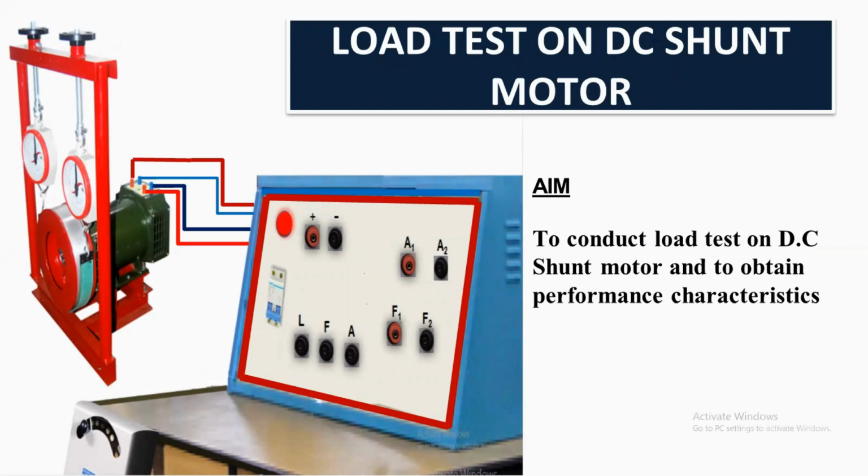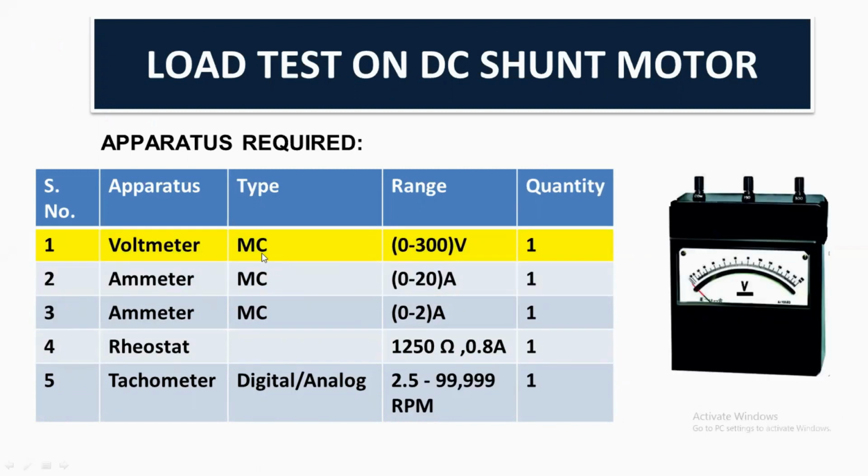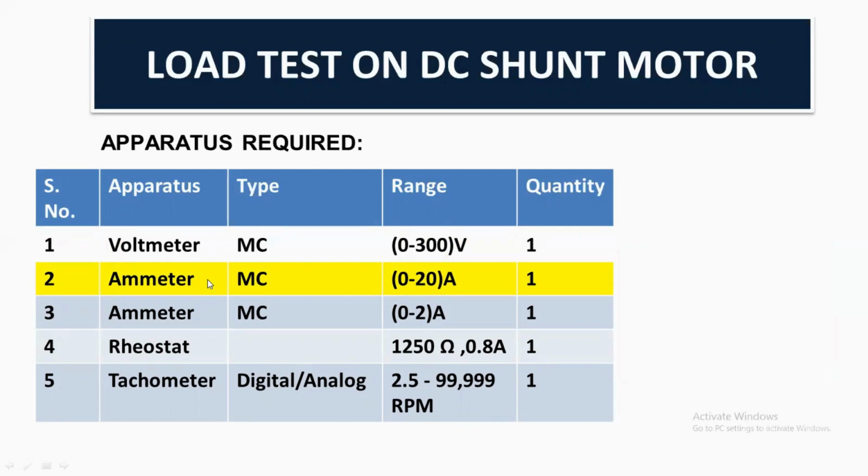Now let's see the apparatus required. The first one is the voltmeter, moving coil type, 0 to 300 volt. Required quantity is 1. This is our required voltmeter. Then the second apparatus, ammeter of moving coil type, 0 to 20 ampere, required quantity 1.